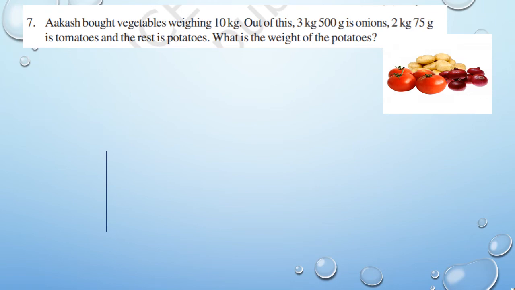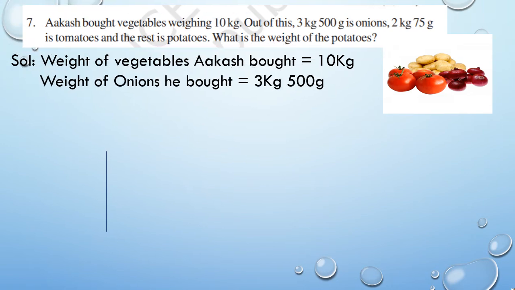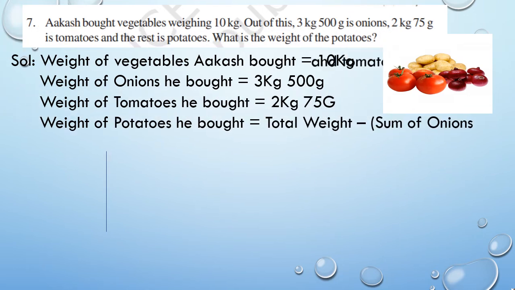What's the first statement? Weight of vegetables Akash bought. Next statement, weight of onions he bought is equal to 3 kgs 500 grams. Next, weight of tomatoes he bought is equal to 2 kgs 75 grams. And what is the next statement? Weight of potatoes he bought is equal to total weight minus sum of onions and tomatoes.